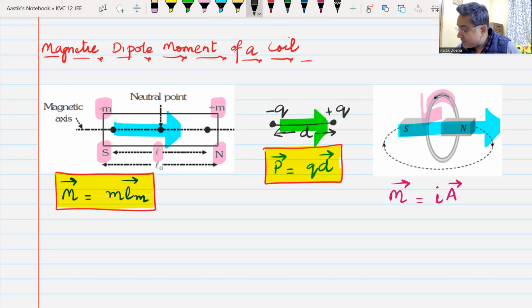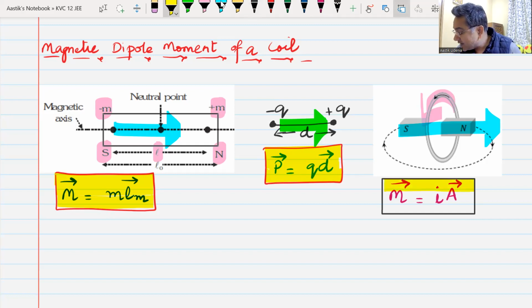You must remember and recollect that area in physics is sometimes treated as a vector quantity which has a direction. Here the direction of the area vector is given by the right hand thumb rule. You turn your fingers in the direction of current.